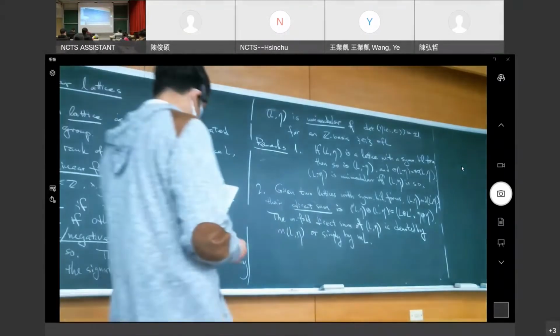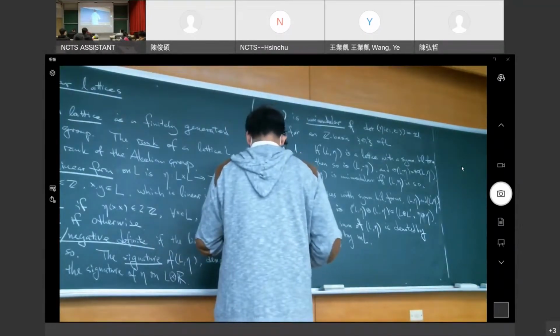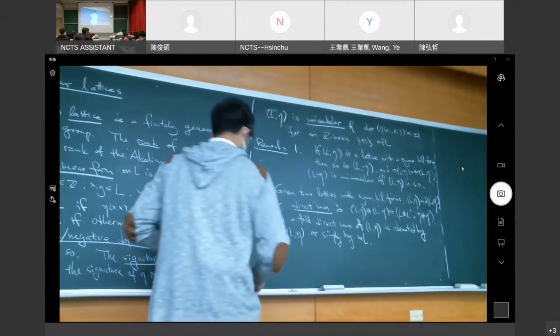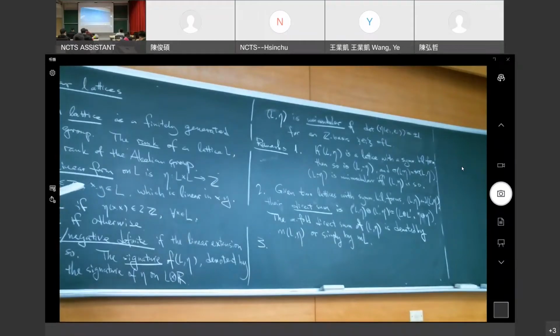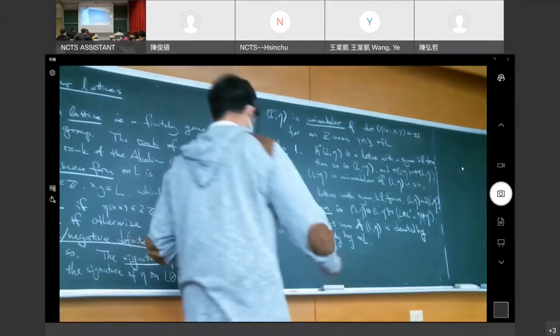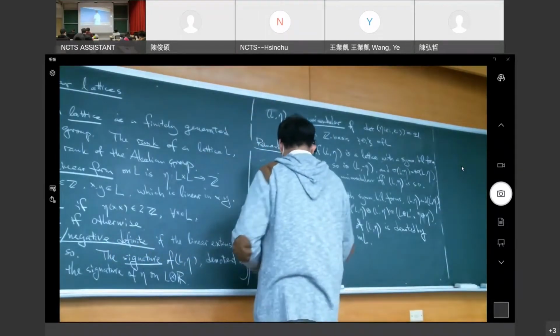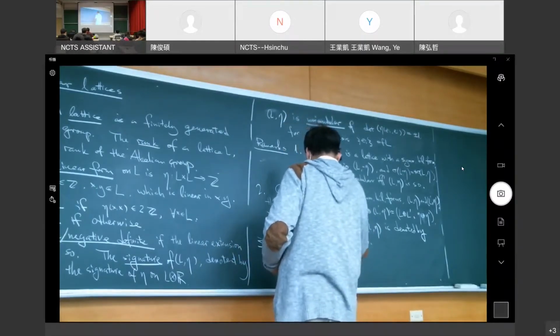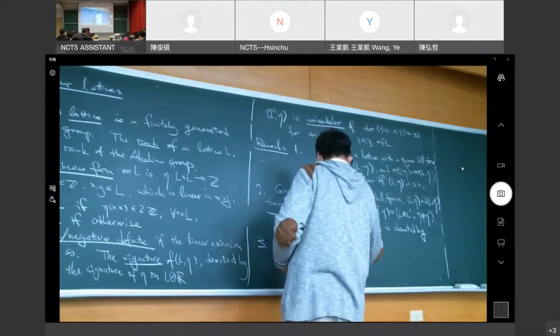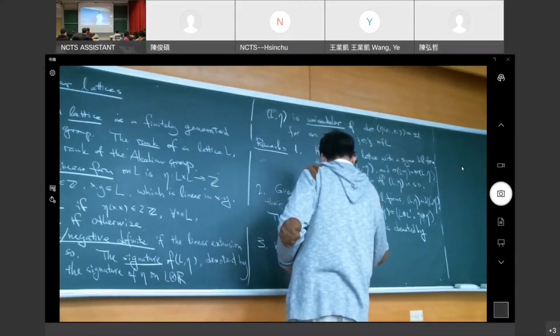Okay, so finally, if we have two lattices with symmetric bilinear forms, we can obviously define isomorphism. I'm not even going to write down what the definition is, because everybody knows.